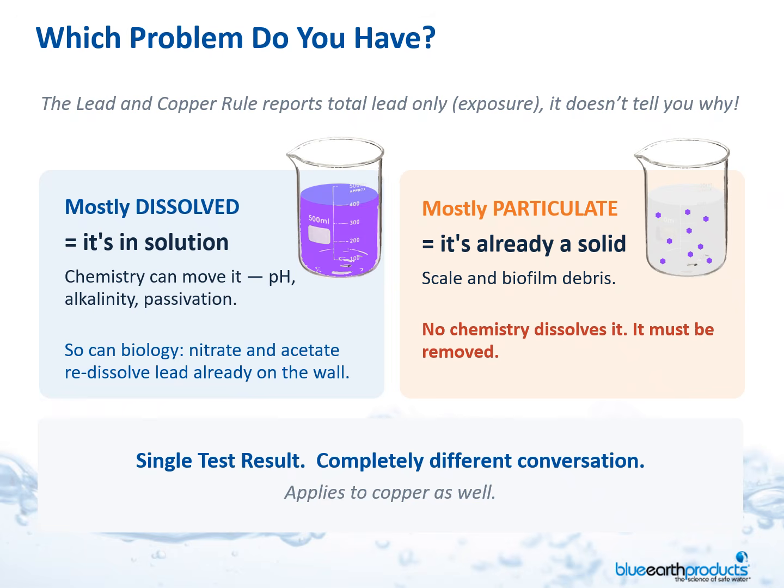If it's dissolved, then you can effectively deal with it with maybe a change in the chemistry associated with the lead and copper rule. But if it's particulate, we're dealing with scale and biofilm, and so it's a hygiene problem. It has to be physically cleaned out. It's important to note that biology can also create dissolved lead and copper, like we saw in the earlier slide.